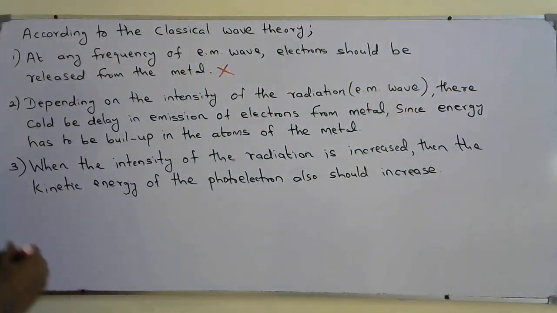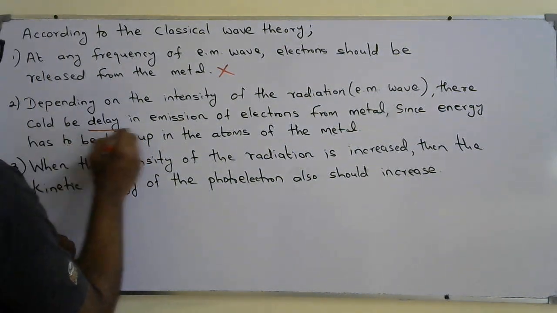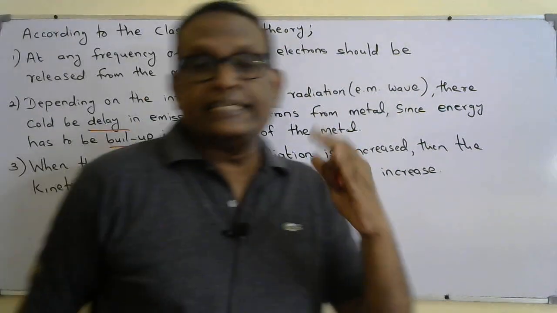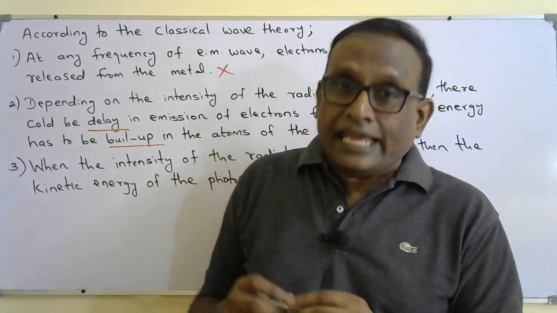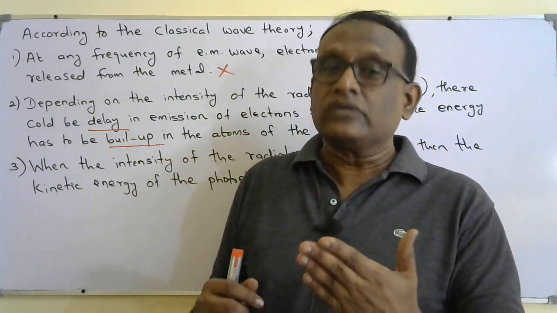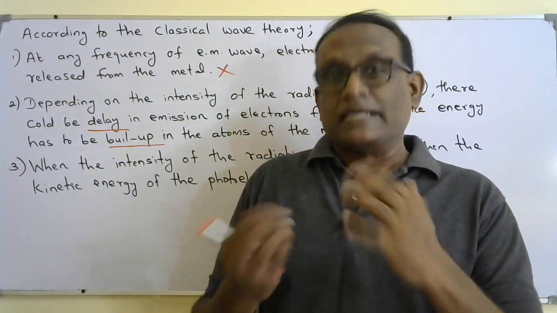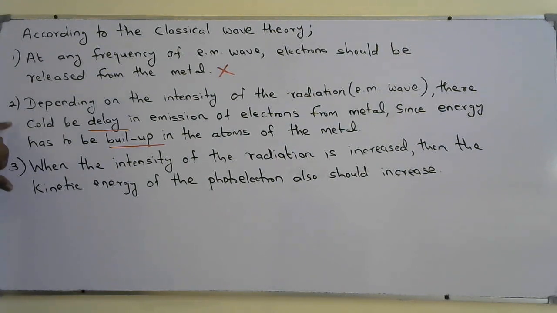The theory says there will be delayed emission of electrons to build up the energy if the intensity is lower, but even very low intensity was able to remove electrons instantaneously without any delay if the frequency of the electromagnetic radiation is above a specific value. So that is the second failure to explain the photoelectric effect by using classical wave theory.